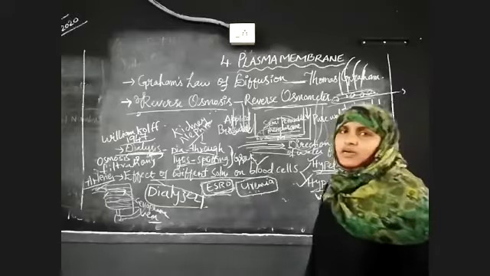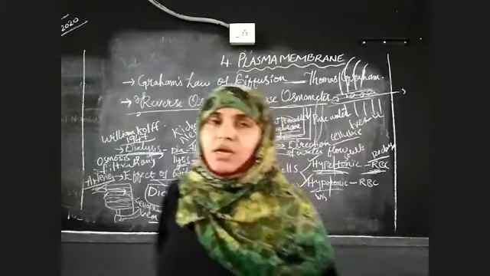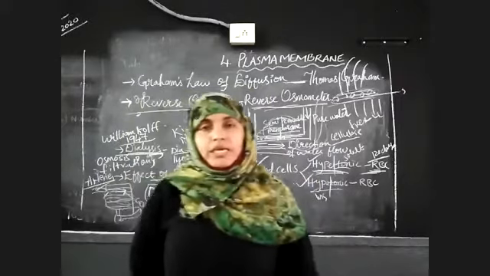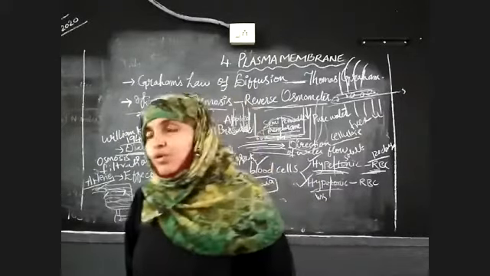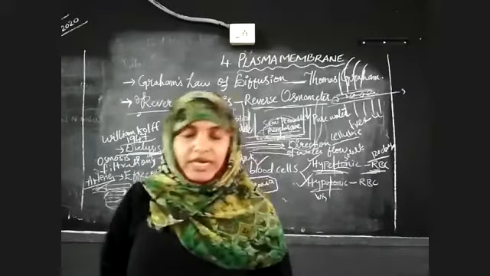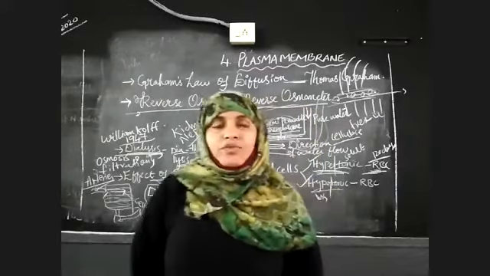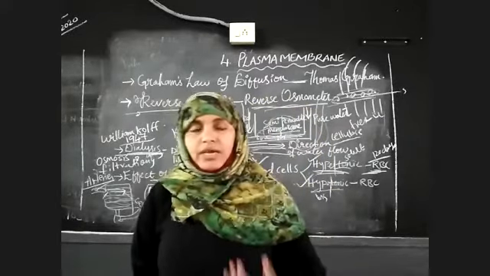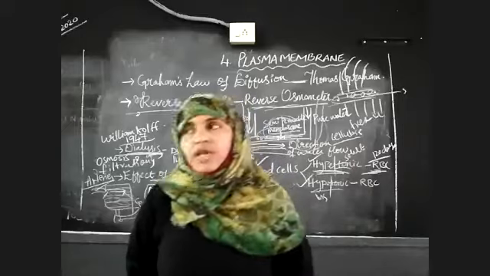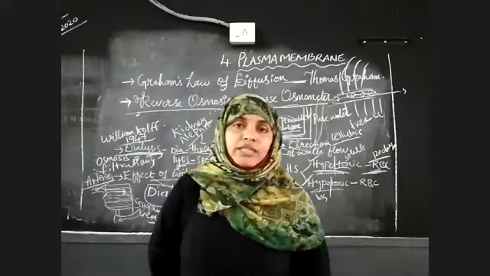Okay, next we are taking a live example, the last two topics of our unit. Suppose you are traveling in a bus, in a car, in different vehicles, you will start feeling thirsty. Why does this happen?